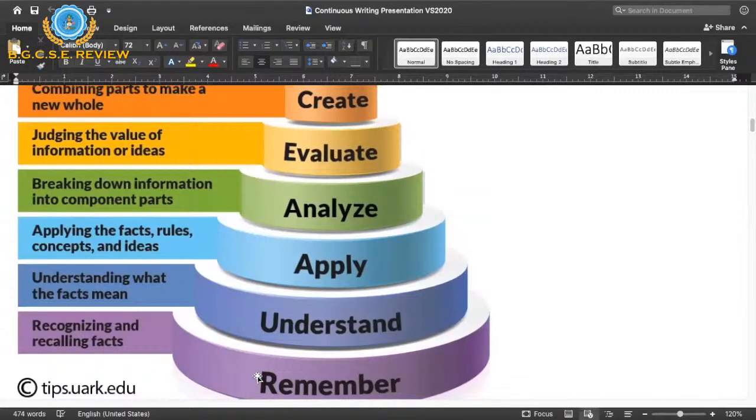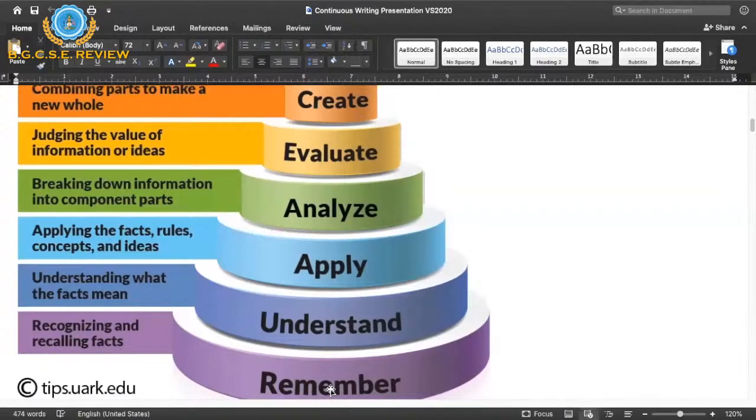Thank you. Okay, why am I showing you Bloom's taxonomy? This little pyramid that we have here, because this is the learning pyramid that the objectives that we write are based on. We begin at the very bottom here at the first level, which is called remembering. And that means that you are able to recognize and recall facts.